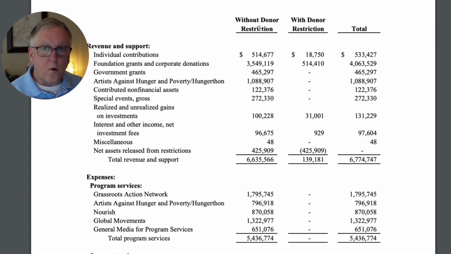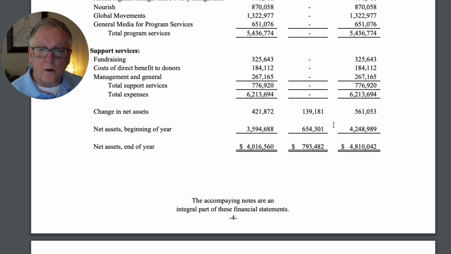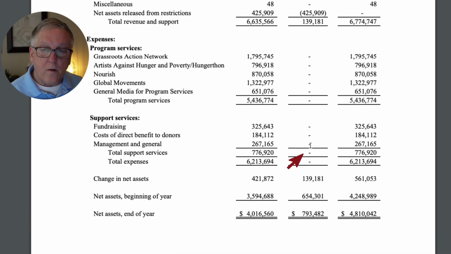Okay, let's go back over here and notice on this statement of activities, there's three columns here. One for without donor restriction, one with donor restriction, and then a total. So we just looked at the total at the bottom for the without donor restriction. Now let's look at the with donor restriction. We go down here, we see 793,482.